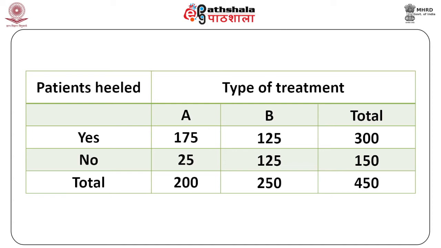We can say that in total there were 200 patients who underwent treatment A and 250 patients who underwent treatment B. Finally, there is a total number of observations in the whole table called capital N. In this table, capital N equals 450.